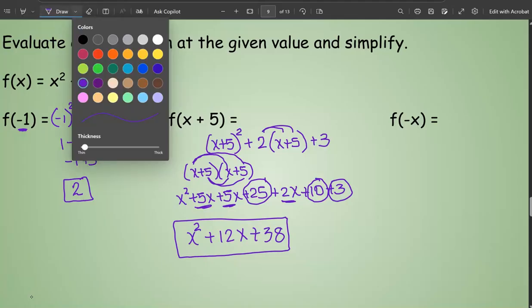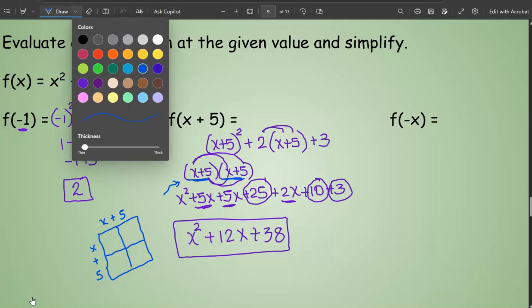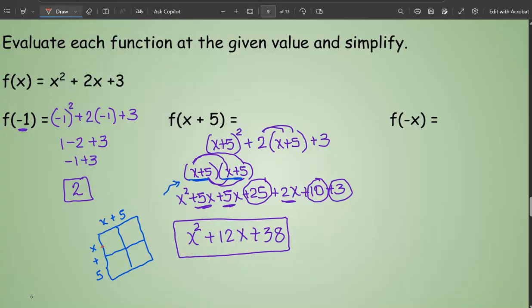Okay, some of you may not like the FOIL method, what we did right here. Some of you may like the box. Maybe you've seen that in Algebra 1 or something. It really doesn't matter which way you do it. You end up with the exact same answer. If you just build a 2 by 2 box and you put your 2 binomials on the outside, then you multiply to fill in the boxes.